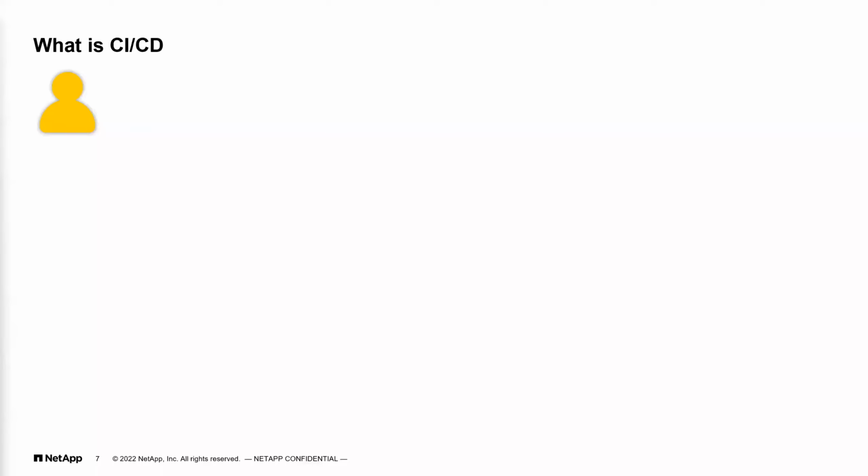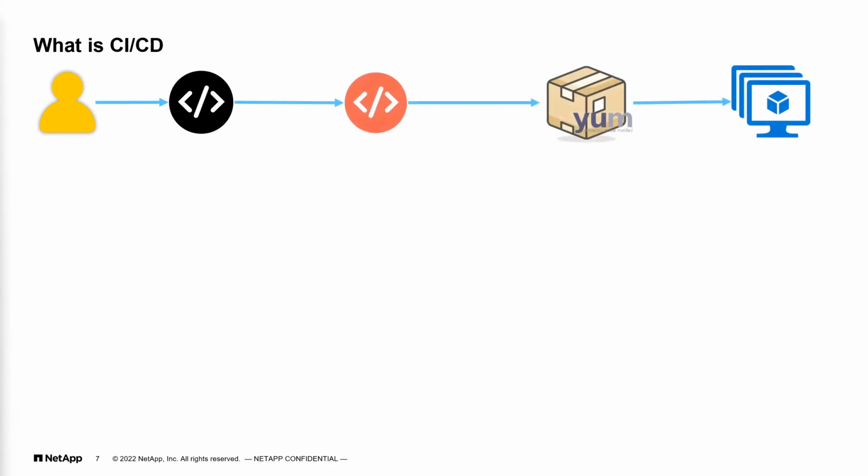If we take a look at a traditional non-CI/CD example, a user would develop some code, push it to a Git repository, then a user will copy over the application code or binaries and install any required packages onto the VMs, as well as make any manual configuration changes, package changes on the VMs.